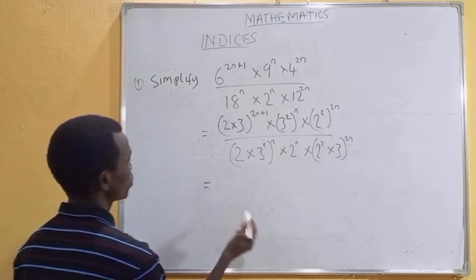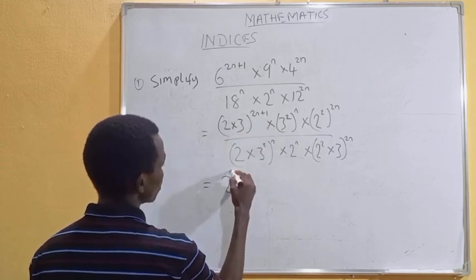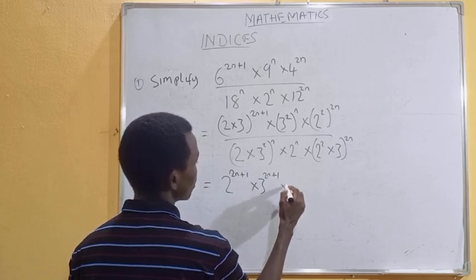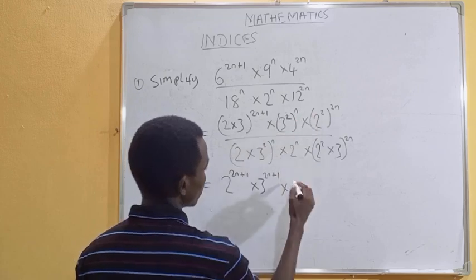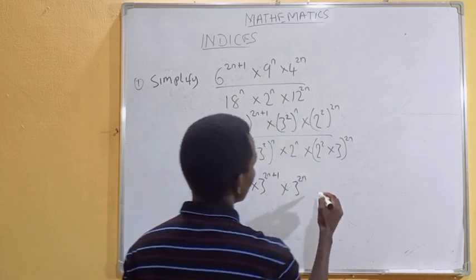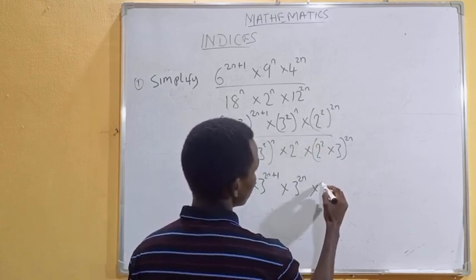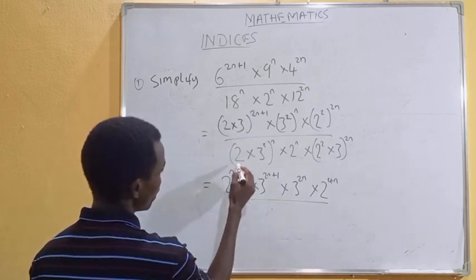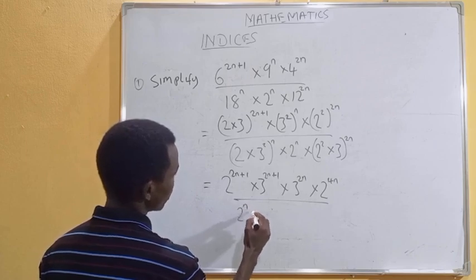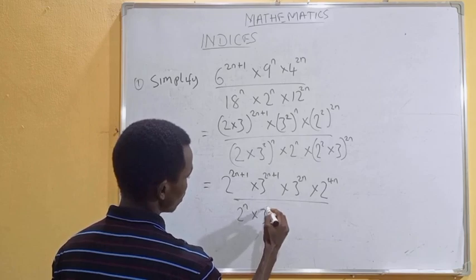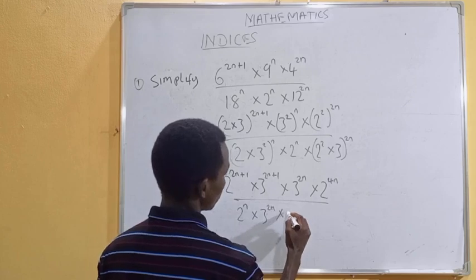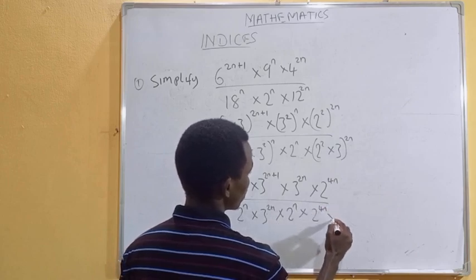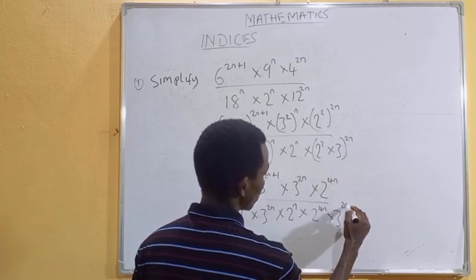So it will now be 2 raised to the power 2n plus 1, times 3 raised to the power 2n plus 1, times, this is a power law, 2 times n will now be 3 raised to the power 2n, times, this is a power law, we have 2 times 2n will now be 4n, divided by, we distribute this to this, now 2 times n will now be 3 raised to the power 2n, times 2n times 2, this power times this 2n will now have 2 raised to the power 4n, times 3 raised to the power 2n.